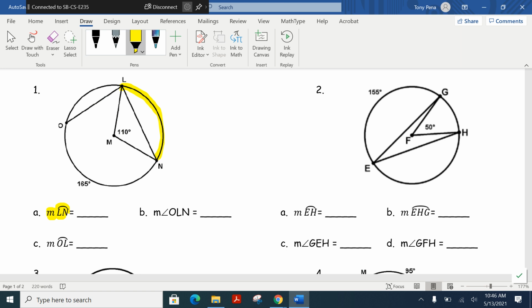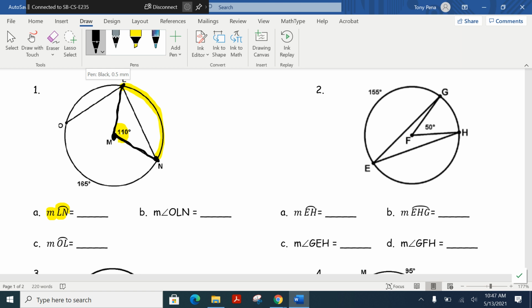So one of the things we dealt with yesterday was called a central angle. So if we look at our circle, here is the center. We have that 110 degree angle that's right here. And notice what that angle is created by. It's created by this line segment that goes out to the circle, this line segment that goes out to the circle.